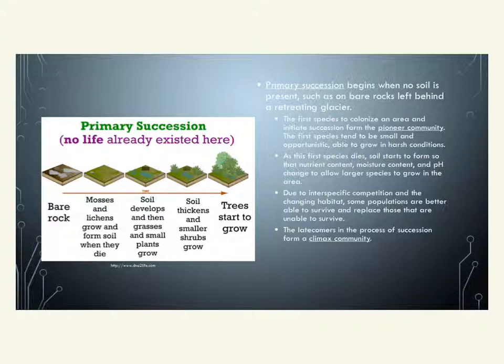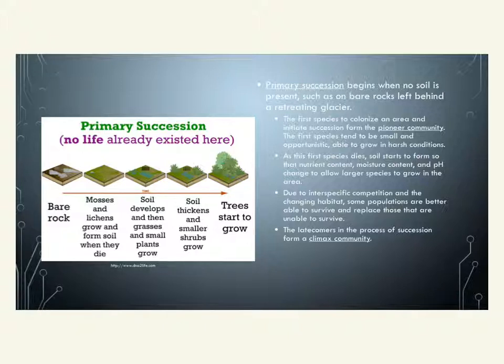The first species to colonize an area to initiate the succession would be called the pioneer community. Generally speaking, these would be pretty small and opportunistic, meaning they're able to grow in pretty harsh conditions. So this would be things like mosses and lichens, right? As they die, they decompose and begin to form soil.